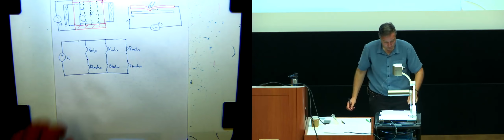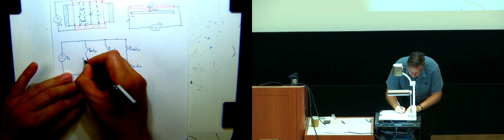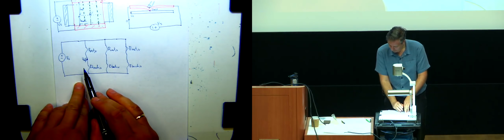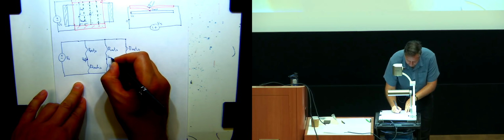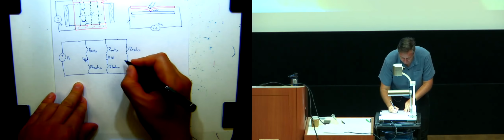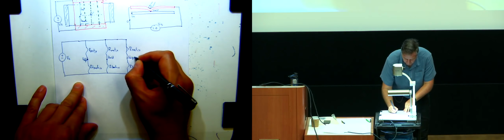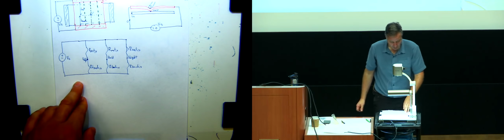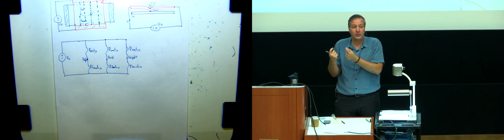Okay, so let's call this potential here U left. I stayed, you left. This one is U mid. And this one is U right. Okay. What exists between these two?